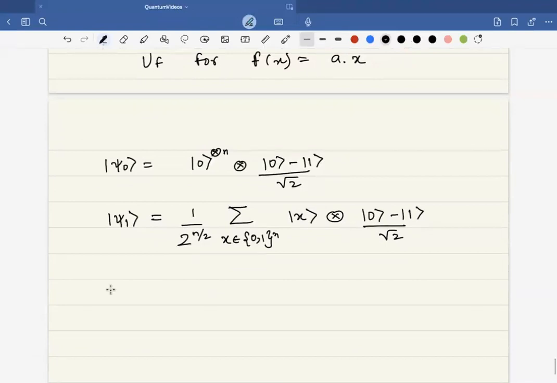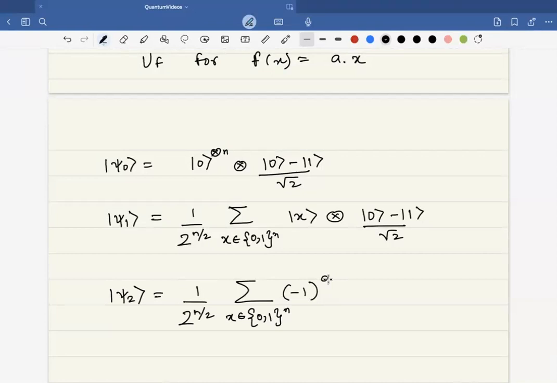So psi 2 is equal to 1 over 2 to the n over 2, summation over x in {0,1}^n of minus 1 to the power f of x, but f of x is equal to a dot x in this case. So this is minus 1 to the power a dot x, |x> tensor (|0> minus |1>) over square root of 2.